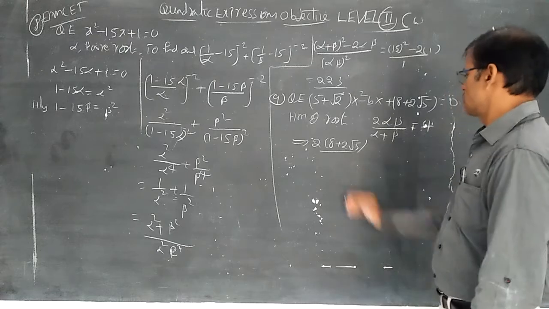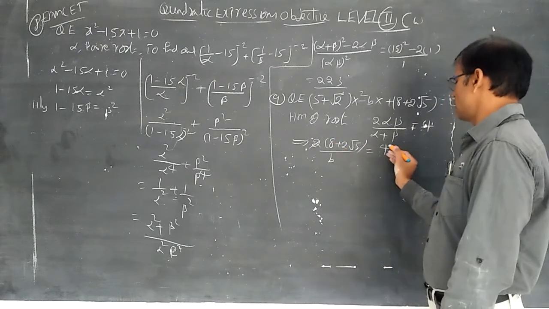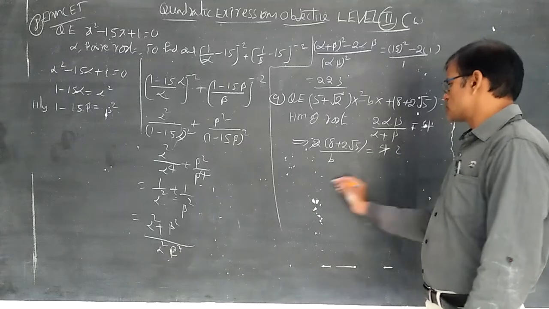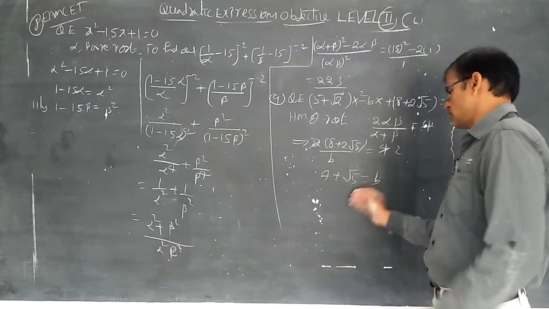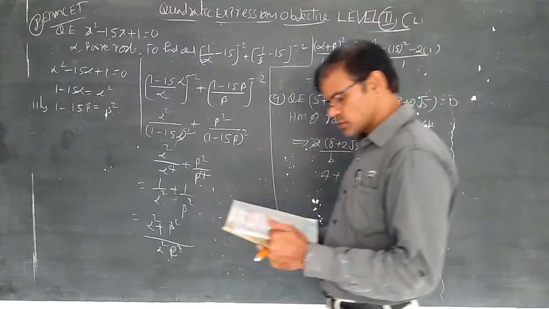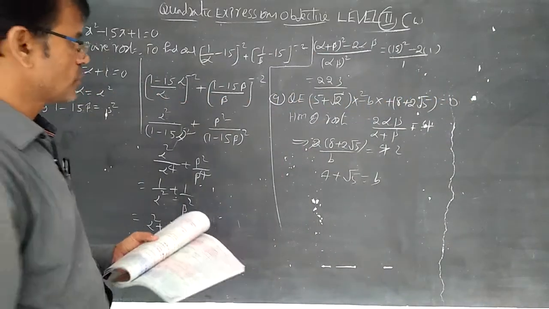No need to write it all, simply write b is equal to 4. This 2 will divide into 2, giving 4 plus root 5 equal to b. That's all. It is the 4th option. 9th question, 4th option.